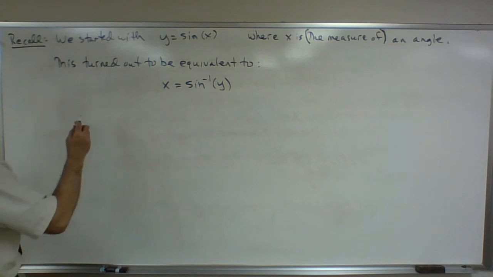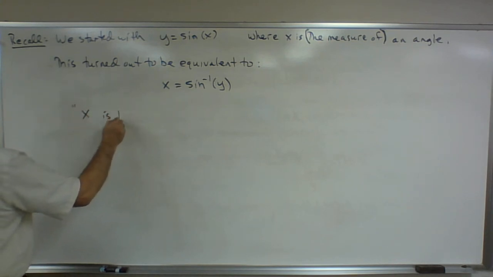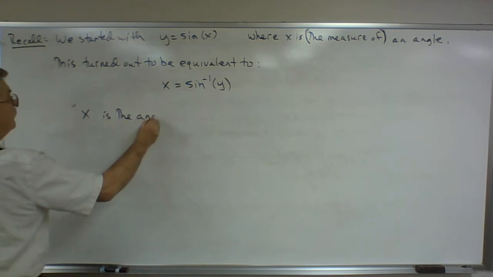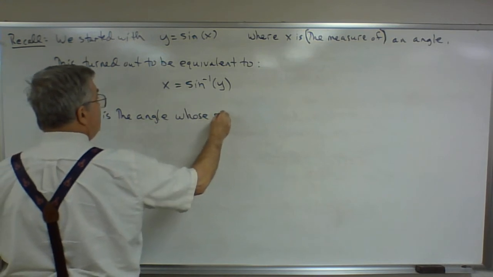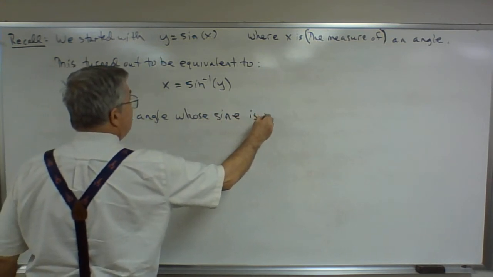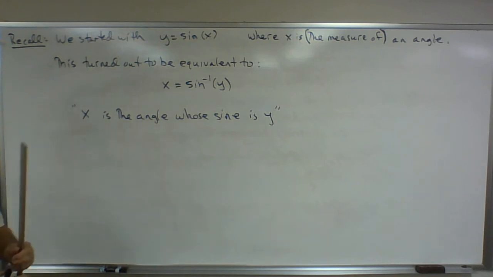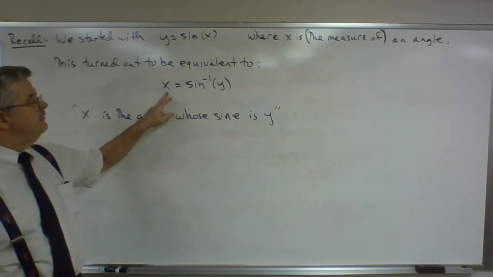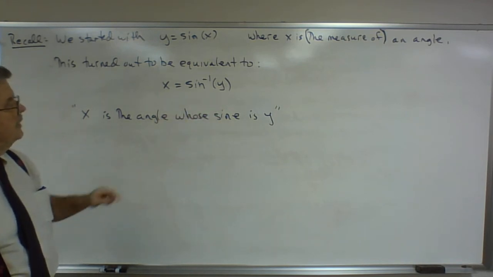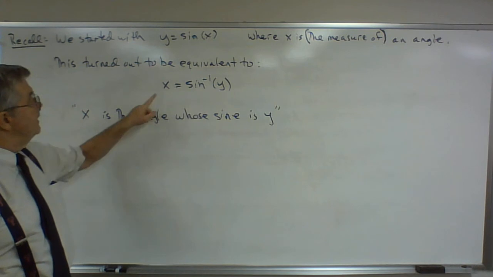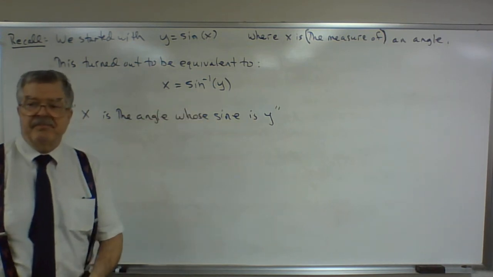But we interpret it this way. x is the angle whose sine is y. So whenever we see this, x equals sine inverse of y, we interpret it this way. x is the angle whose sine is y.